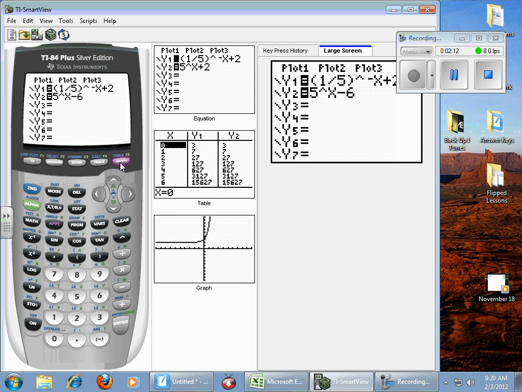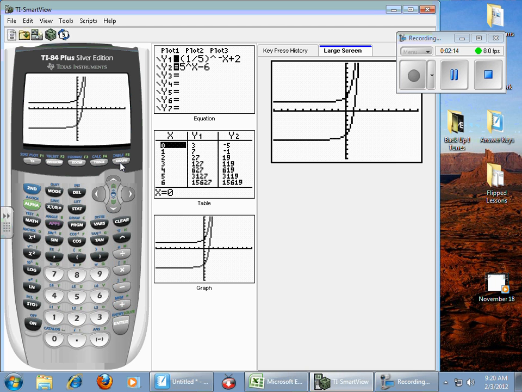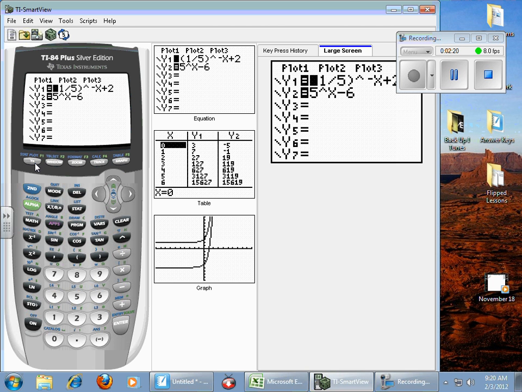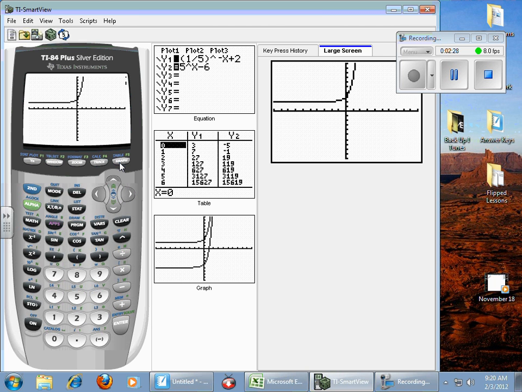So let me graph that, and there you go. I get two different curves, right? But that's just to prove a point, so let me come down here and make it identical. Plus 2. And look at that, you only see one curve because both equations produce the same thing.